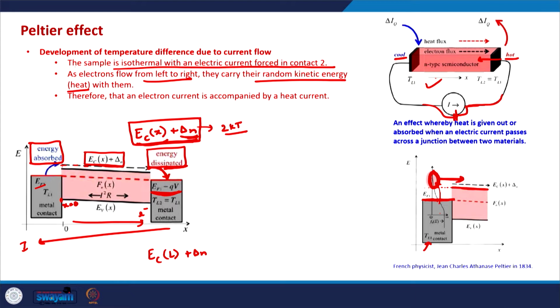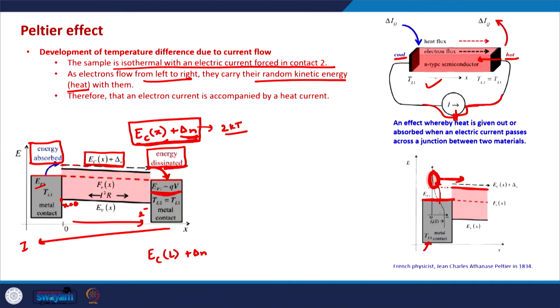That is a good way to understand this, because in evaporation, in a liquid, for example in water, high energy particles essentially evaporate and leave the rest of the liquid colder. Similarly, high energy electrons go to the n-type semiconductor and then to the right contact, and the left contact becomes slightly cooler.